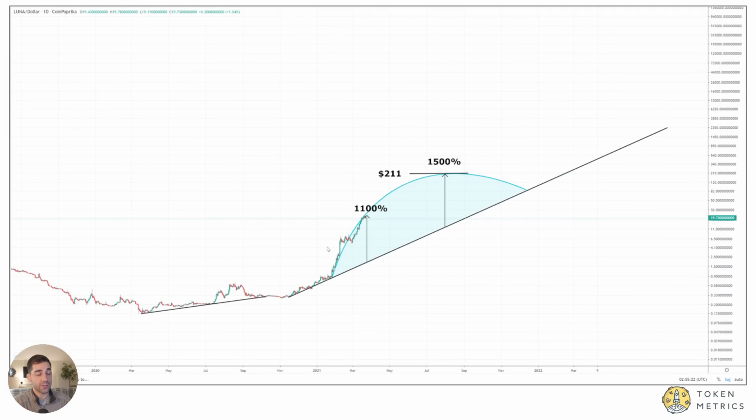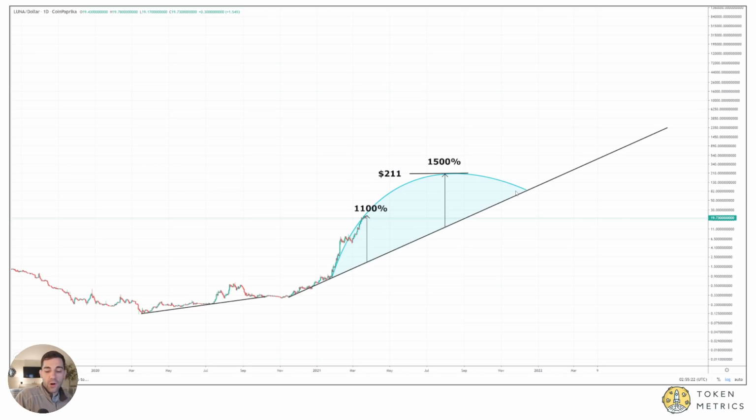In fact, here's a scenario where if the bull market were to last longer and Luna was able to continue its growth rate, we could potentially see more of a logarithmic peak at around $200, or a 1,500% overvaluation against its trend line, before coming back down to retest it sometime in late 2021. This is one scenario that I could see happening.